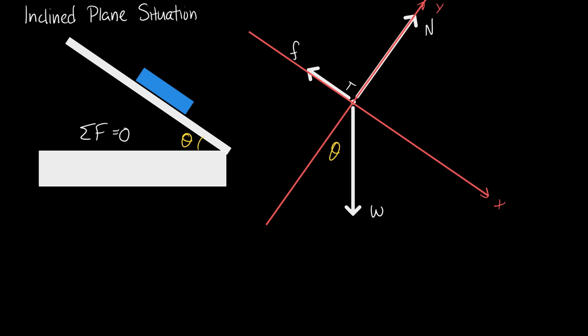Just write it in your notes. Now look, if you're going to break this up into components, net force equals 0, you would have to break this up into the net force in the x direction and the net force in the y direction.